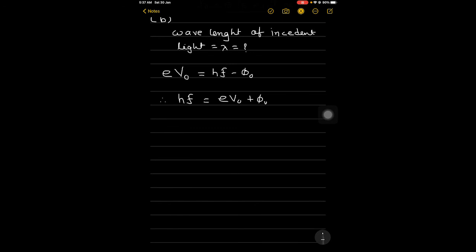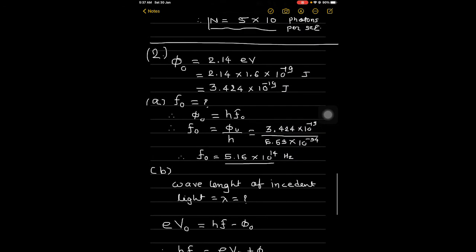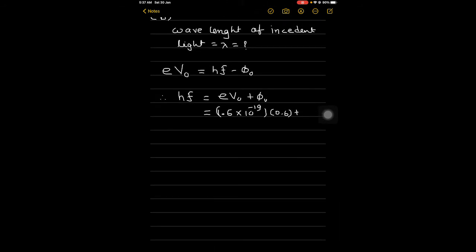So here we can apply the equation: 1.6 into 10 raised to minus 19 into 0.6, plus what we have determined earlier as the work function, that is 3.424 into 10 raised to minus 19.